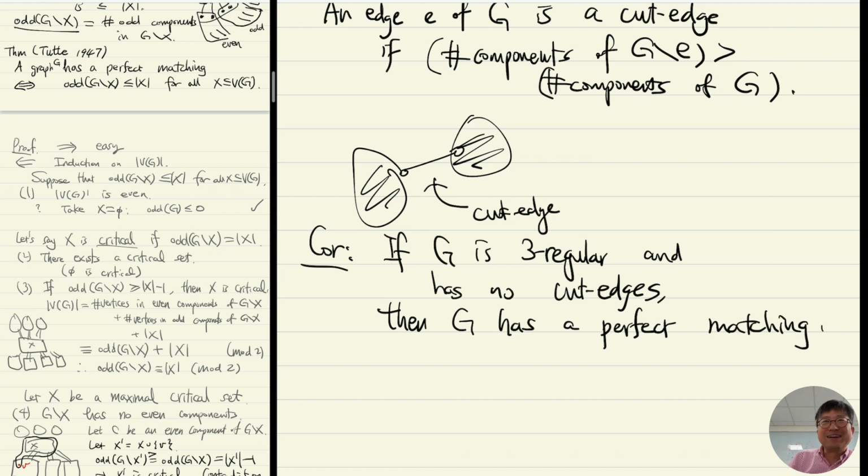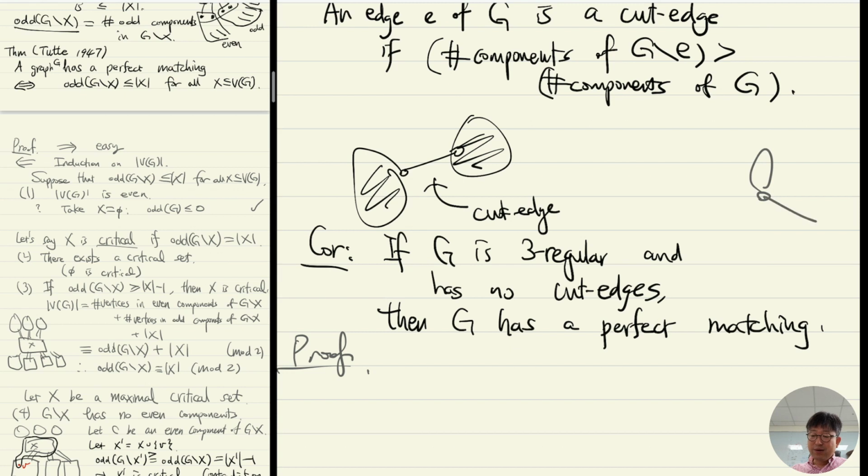What I'm debating to myself is whether or not I should say the graph is simple, or maybe it's okay without this condition. Let's see what happens. Oh, but it doesn't matter actually, because if the graph is 3-regular, you cannot have a loop.